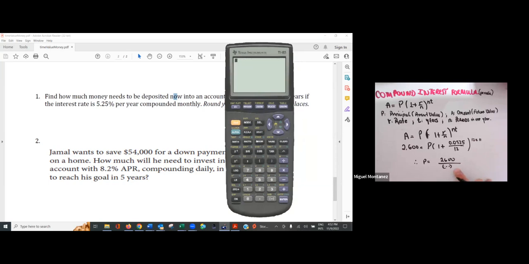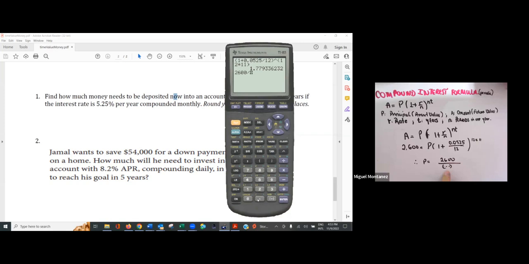So it's parentheses 1 plus 0.0525 divided by 12, parentheses raised to 12 times 11. Okay, so that's 1.779.